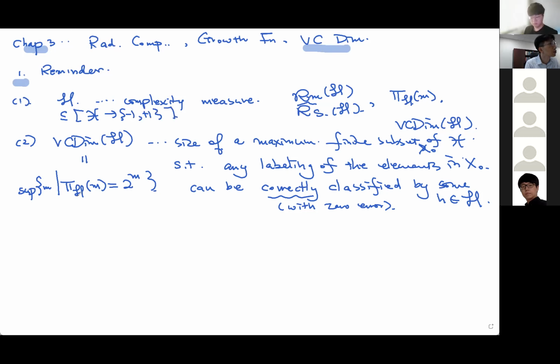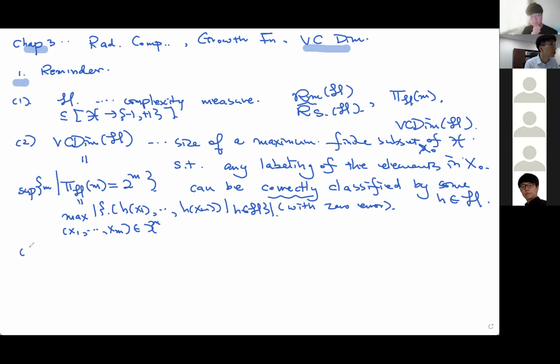And then the growth function is defined by the maximum over inputs of size m of the cardinality of the labelings, so in a sense the number of labelings that we can give by using some hypothesis is maximized. Okay, so that's the definition of the growth function.